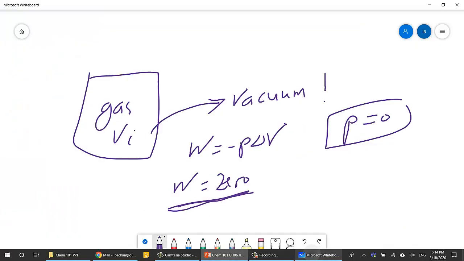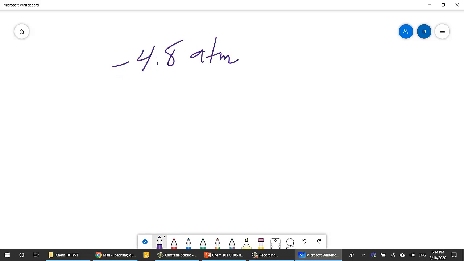Now, what if we are interested in changing this number, the minus 4.8 atmosphere liter? I want this in units of joules.